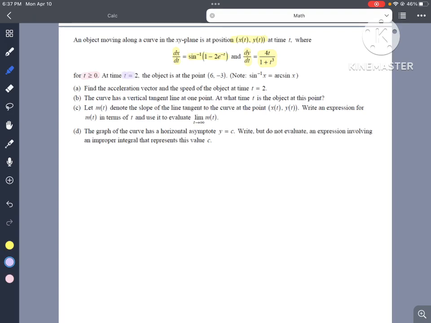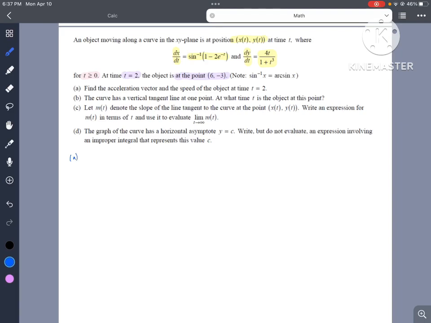Now we have the initial condition: at time t equals 2, the object is at the point (6, -3), which may be useful in the future. And note that sine to the negative 1 of x is arcsine x, so that's just notation. Let's start solving question A.